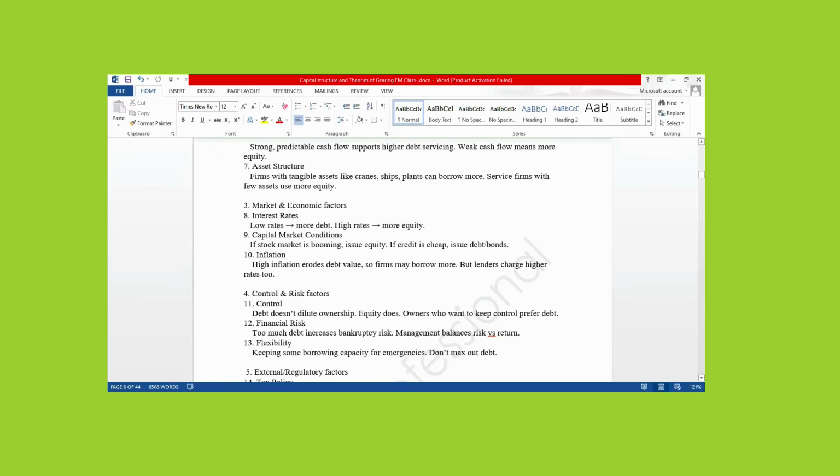Management must weigh the risk versus the return. So you have to look at the level of financial risk.